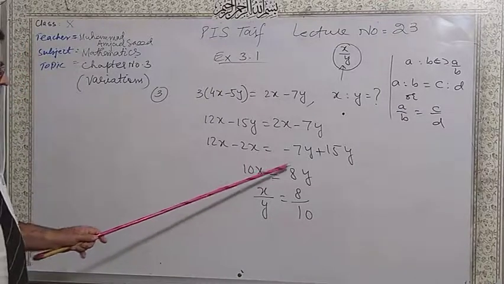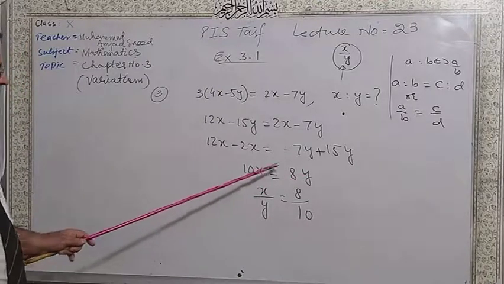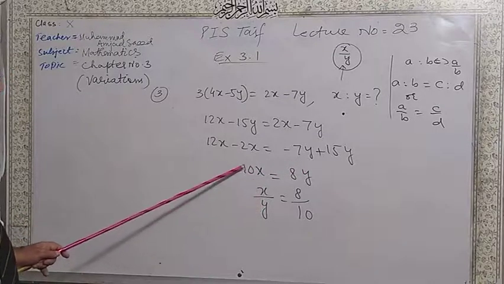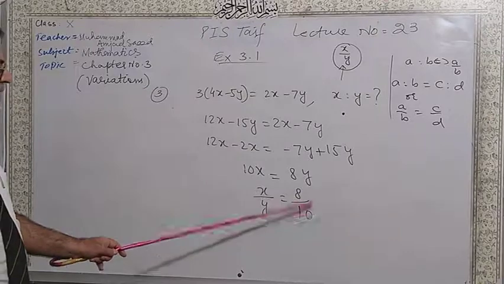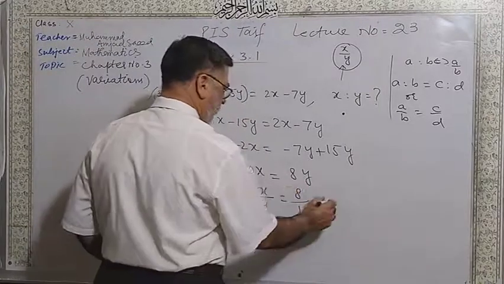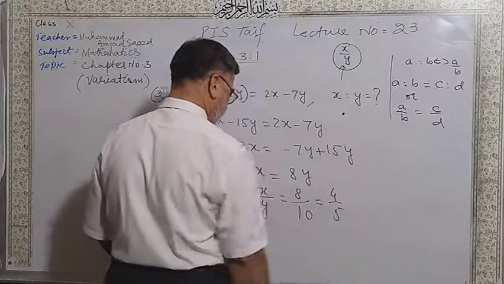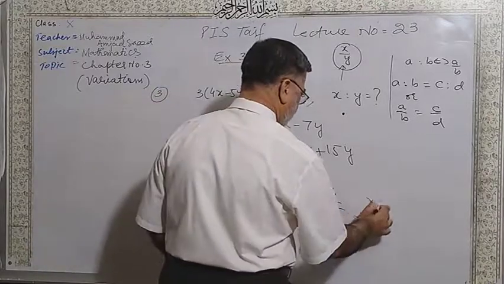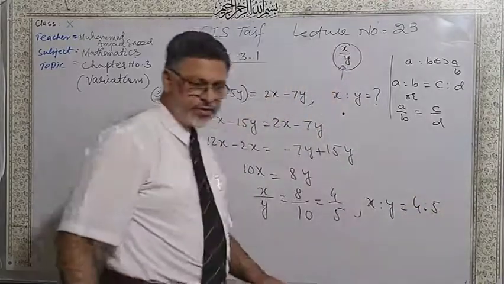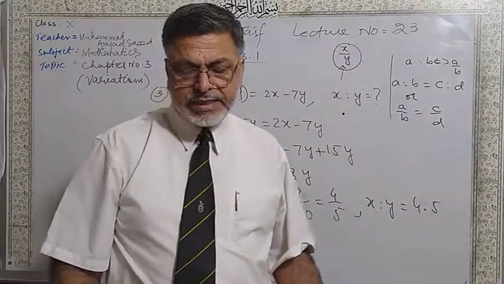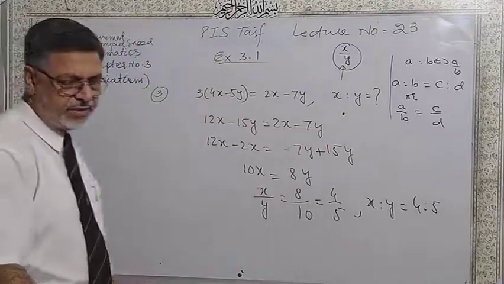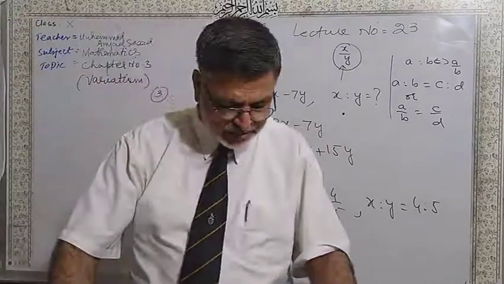Transfer: bring y to the left hand side, it will go to the denominator, and 10 will go to the denominator on your right hand side. That will be 8/10, which is 4/5. So x ratio y is equal to 4:5. That is your answer. I hope that you understood this question.